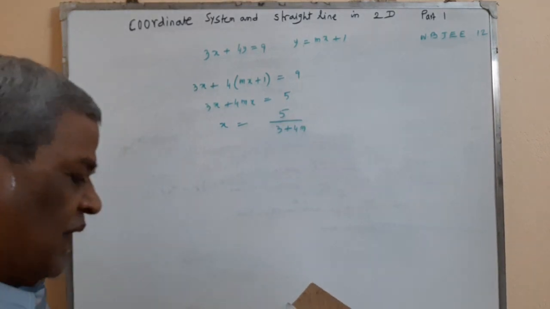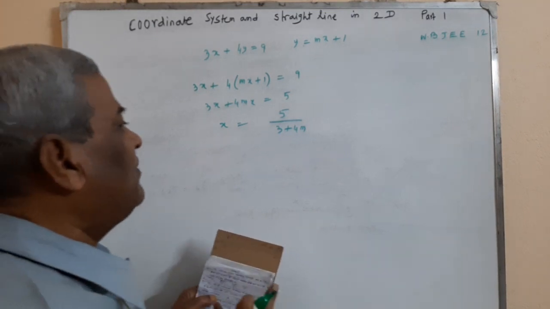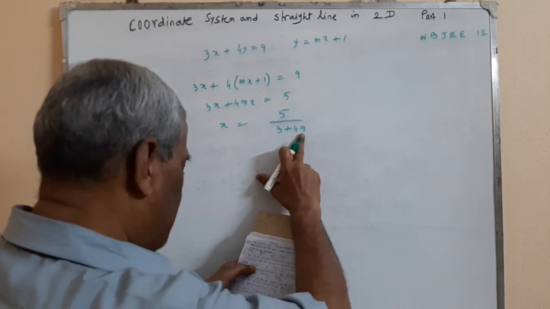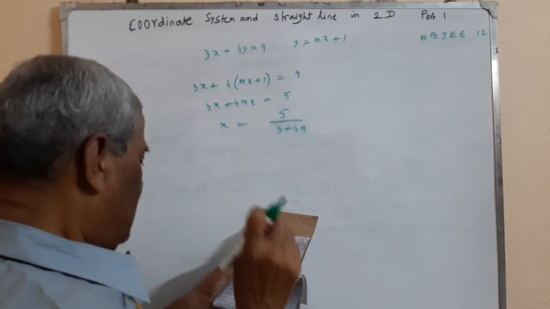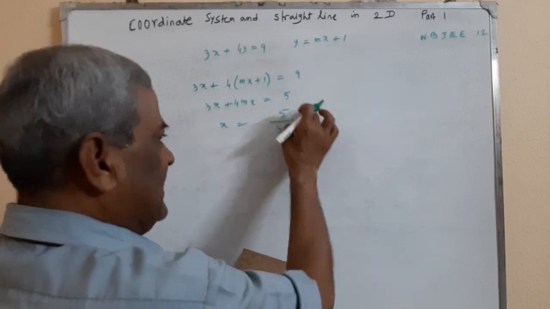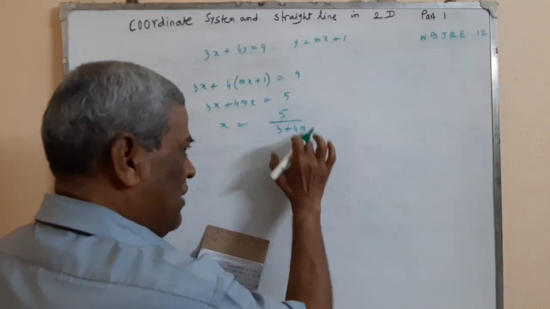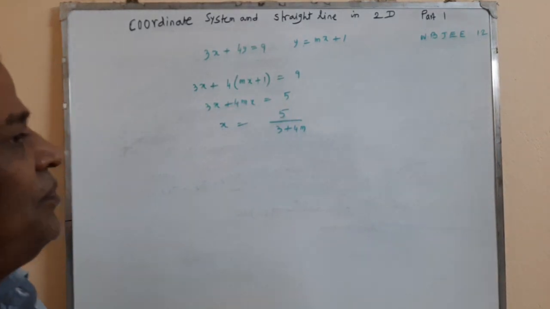As a main problem, I'm reading it. The number of integral values of m for which x coordinate of point of intersection of this and that are integer. M and x both are integers.